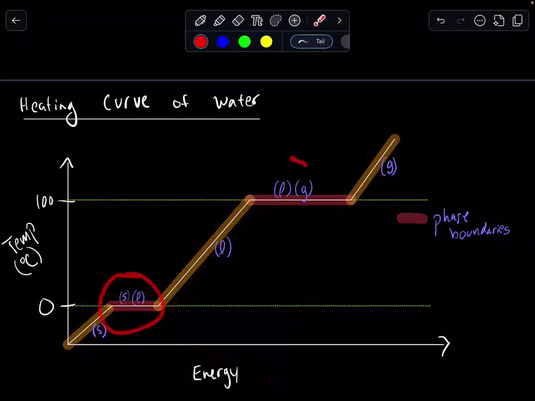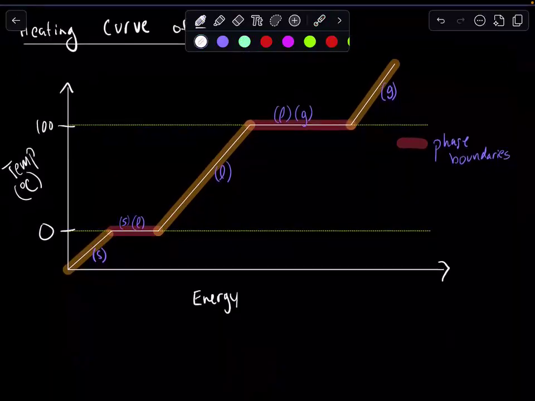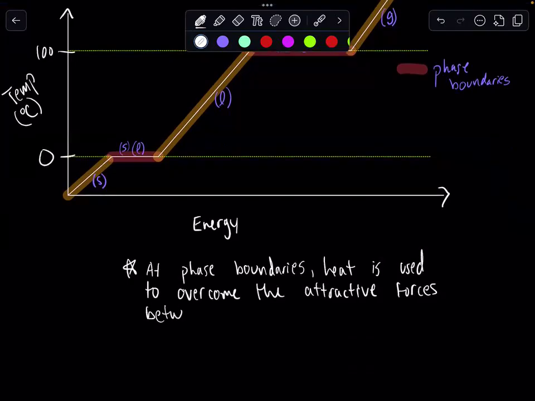So the question is, what is happening at phase boundaries? And a very key aspect of our heating curve is that at phase boundaries, heat, so the energy you're using, heat is used to overcome the attractive forces between the particles.